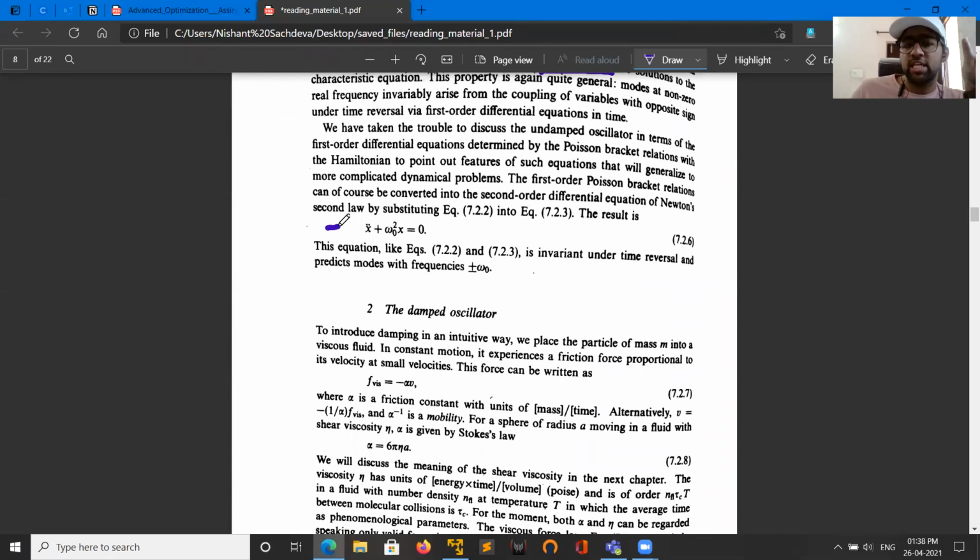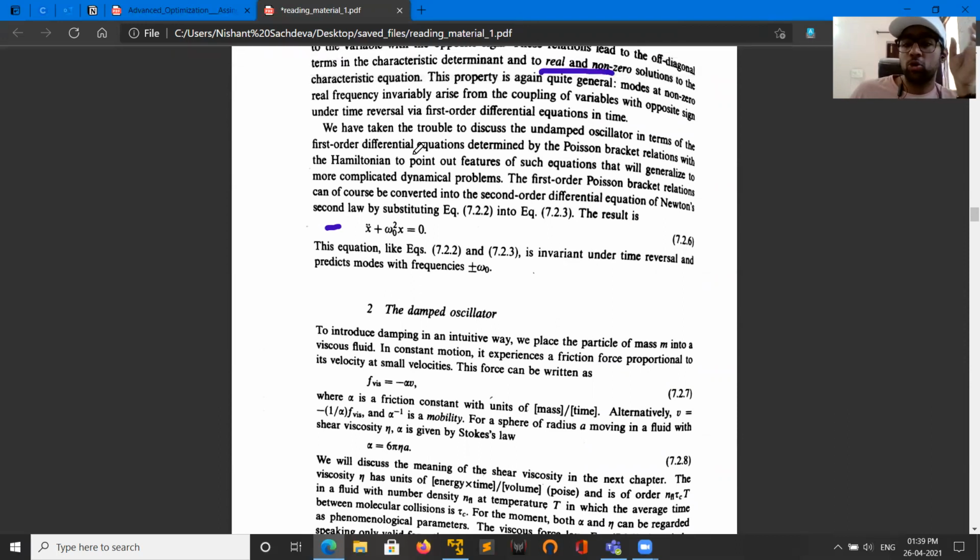The result is x double dash plus omega naught square x is 0. The equations 7.2.2 and 7.2.3 are invariant under time reversal and predict modes with frequencies plus minus omega.